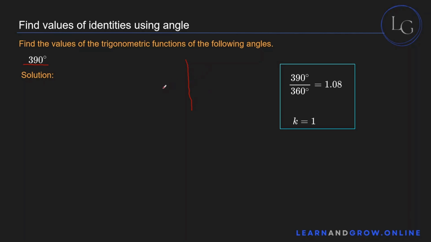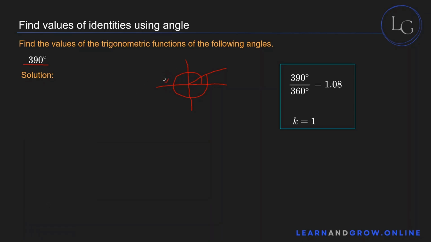What that means is basically if you have this grid and let's say this is 390 degrees. How is it 390 degrees? Well, because this is 360 degrees and then you have a further angle. So this complete angle is 390 degrees.